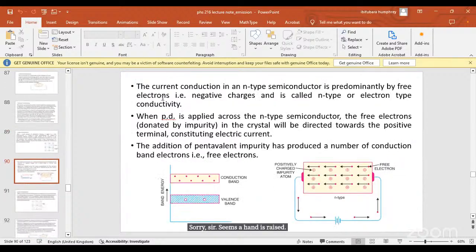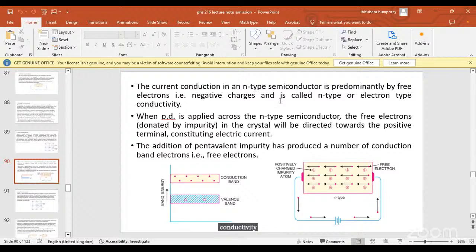Now, the current conduction in an N-type semiconductor is predominantly by free electrons, that is, negative charges, and is called N-type or electron-type conductivity.